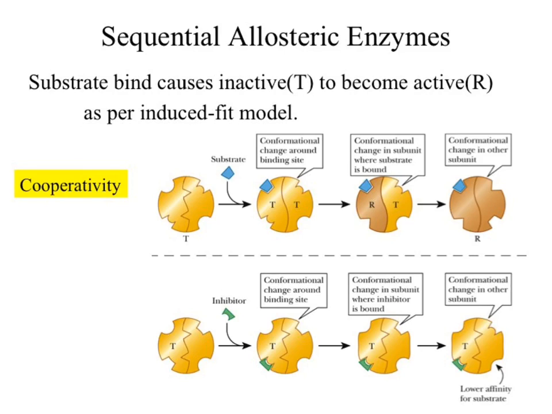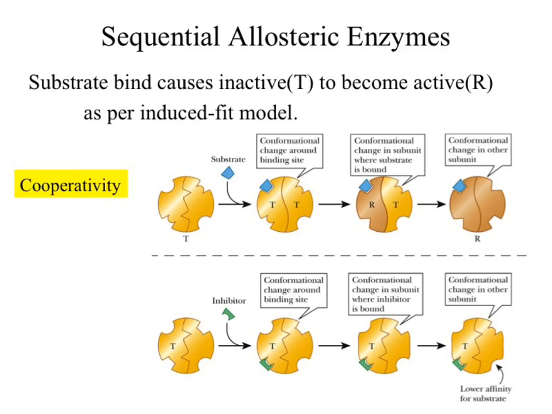Substrate binds. As the substrate binds, half of our enzyme says, I'm now binding substrate, I need to change my conformation. By changing the conformation, it moves to a higher affinity for the substrate, which means we shift to the R form.